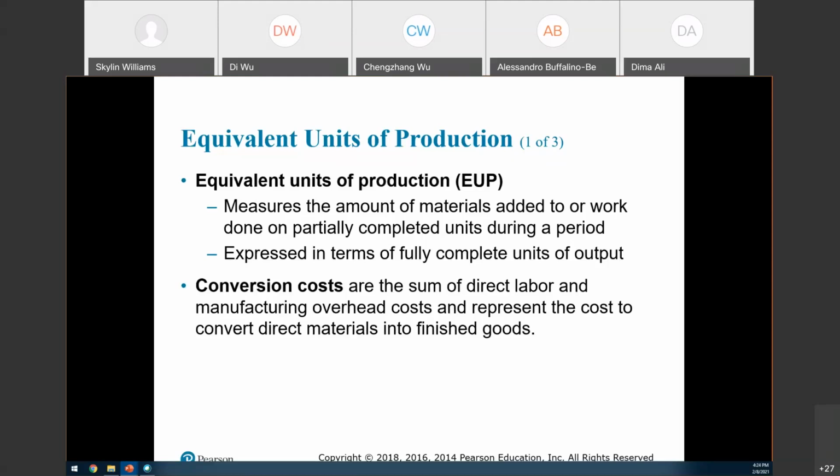So 6 buckets on that boy is equivalent of 3 buckets that are completely full. So this example illustrates an important point, the concept of equivalent units of products.